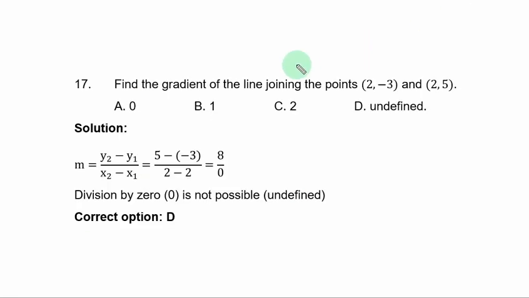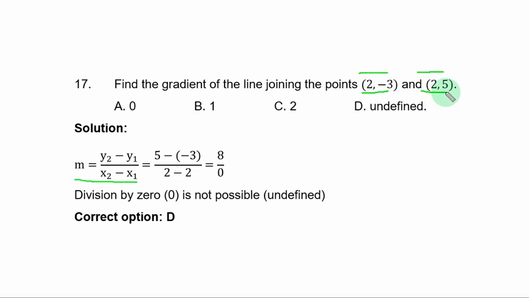Question 17. Find the gradient of the line joining the points (2, -3) and (2, 5). Solution. This is the formula for gradient. From the given points, you have x1, y1, x2, y2.